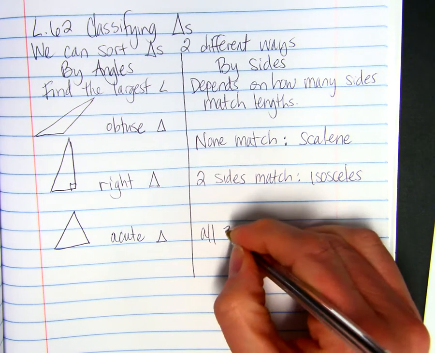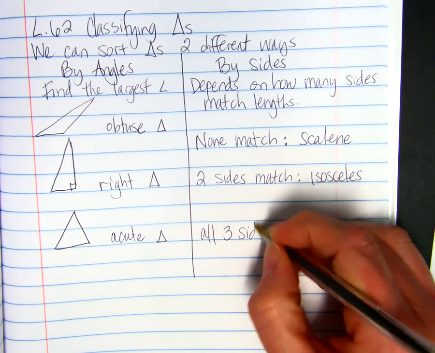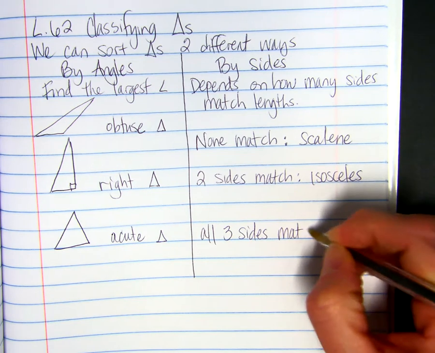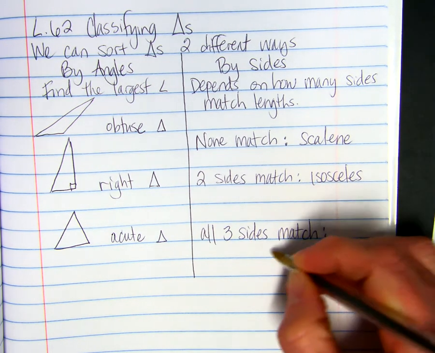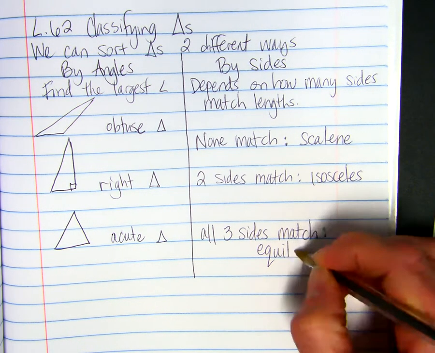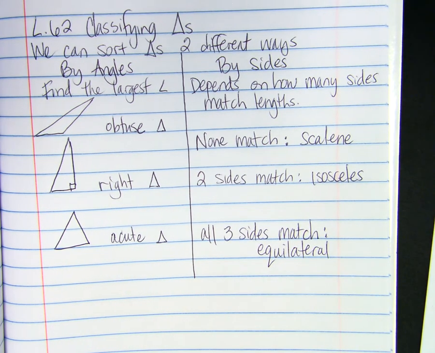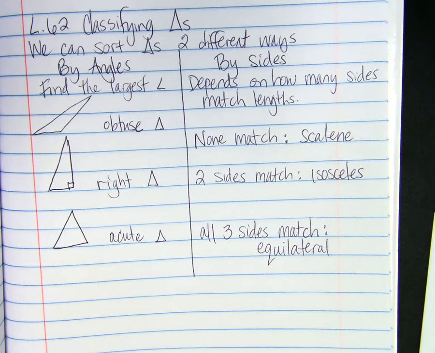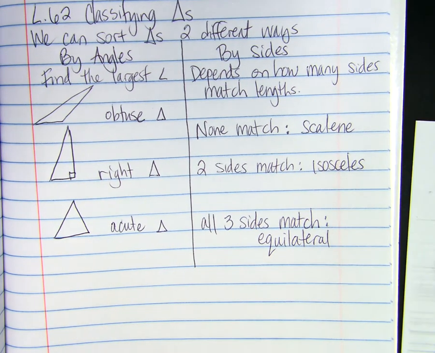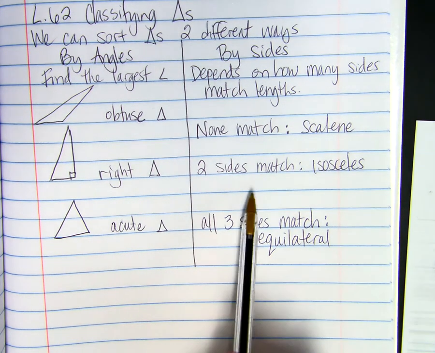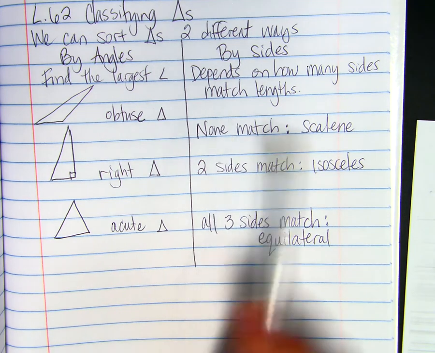But we normally call all 3 sides matching, so if all 3 sides match, we want to call it equilateral. So even though it is also isosceles, we call it equilateral, okay? So if all 3 sides are the same length, it's equilateral. 2 sides, isosceles. No sides, scalene.